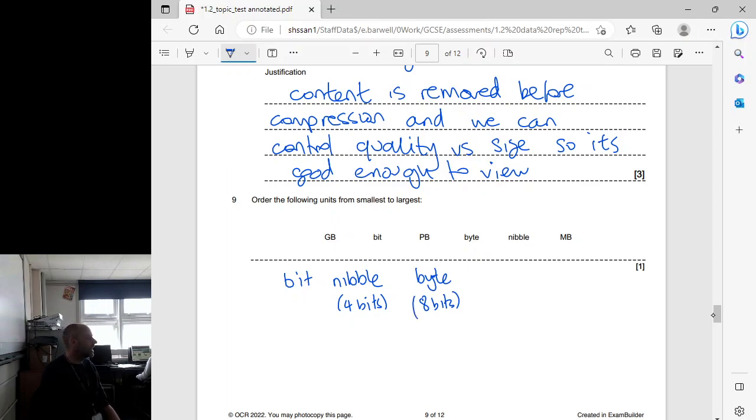Right, and then we've got to scan this carefully because they missed a few out. They didn't have kilobyte there, did they? So the next biggest is megabyte, which is 1,000,000 bytes. Then we've got gigabyte, which is 1,000 megabytes.